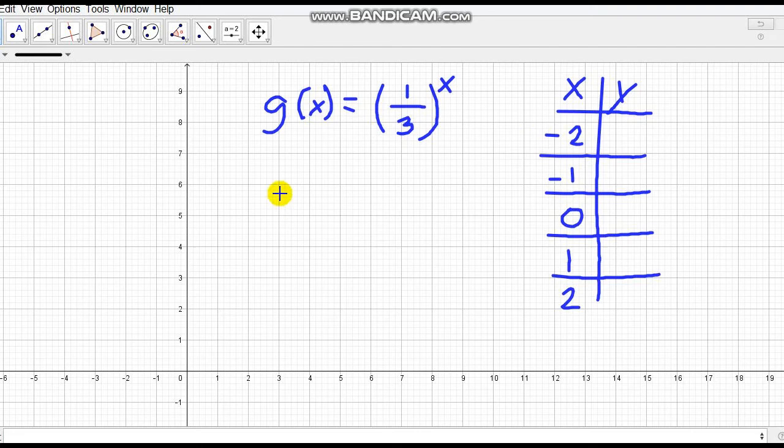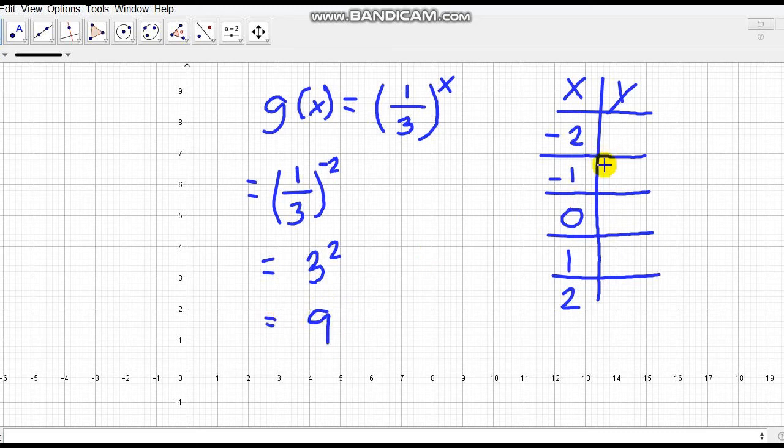So let's solve. What is 1/3 raised to -2? This becomes 1/3 raised to -2. We get the reciprocal, that is 3 squared. So negative becomes positive, which is 9.